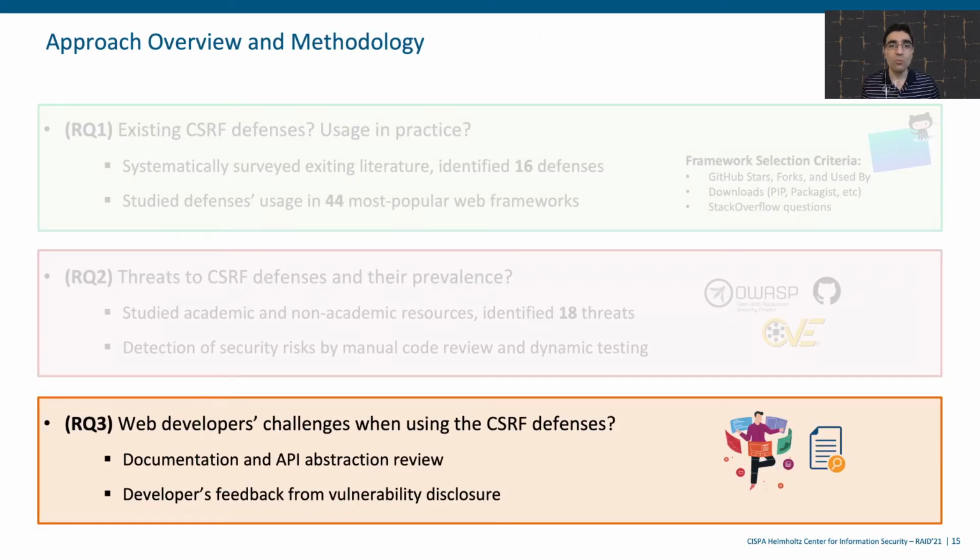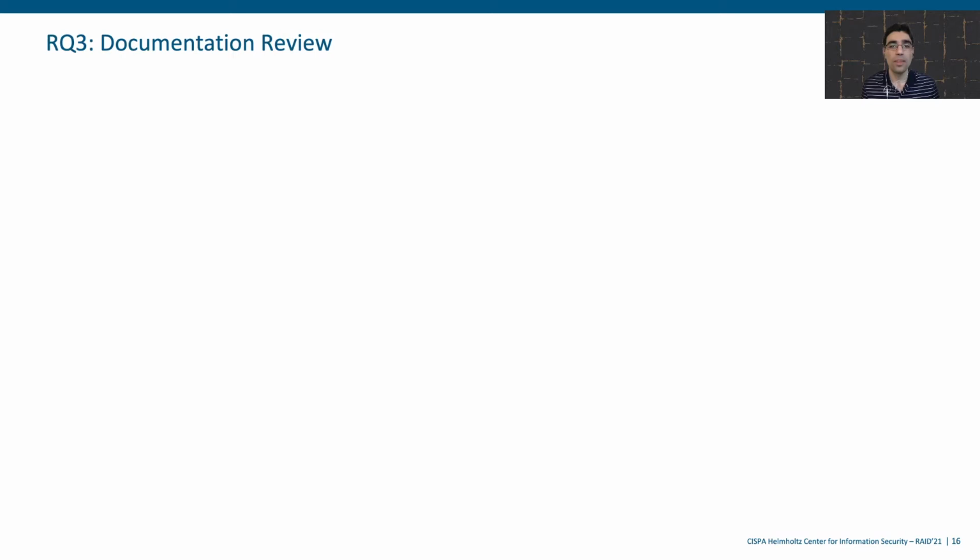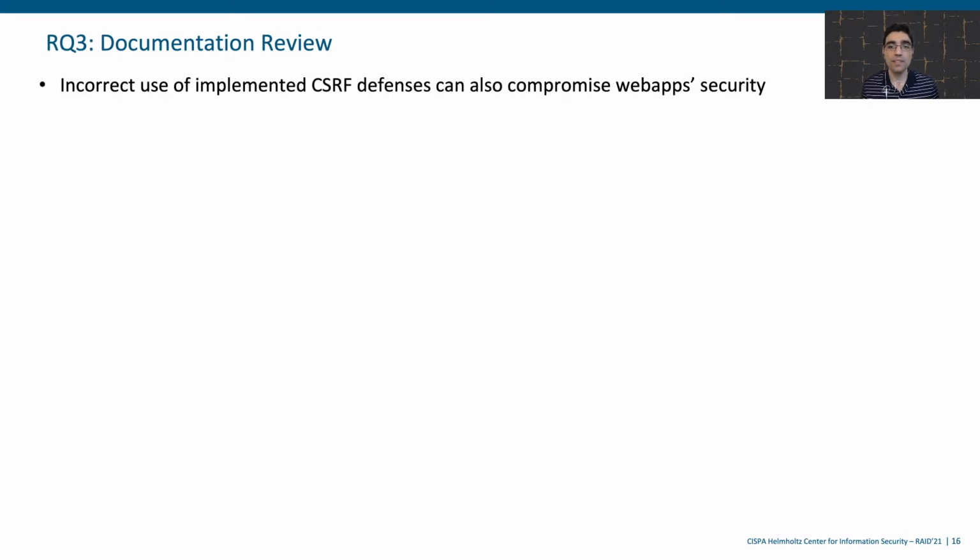Okay. Let's now move on to our third research question: web developers' challenges when using the anti-CSRF defenses. Even when frameworks implement robust CSRF defenses, their incorrect use can severely impact web application security.